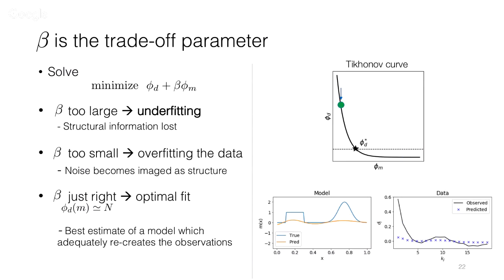Here is beta. Beta is large, hardly giving anything. Beta too small, lots of noise, and beta all right, doing something.